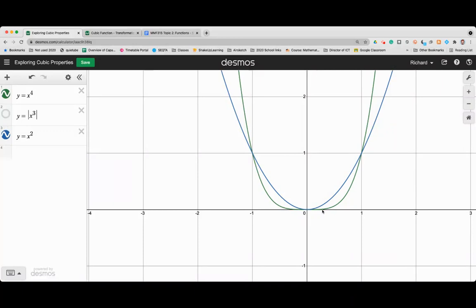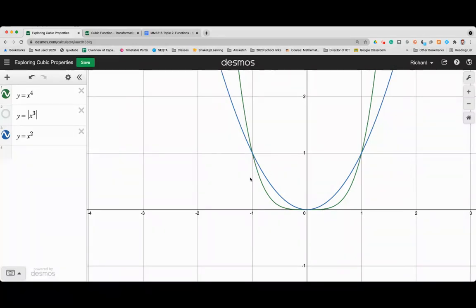Like half squared is a quarter, but a half to the power of 4 is a 16th. So between 0 and 1 and 0 and -1, it's slowing down because the output fraction is getting smaller. Then after 1, when you square or take the power of 4 of a number, it's getting much bigger. Does that kind of make sense just from a verbal description of what we're doing here?